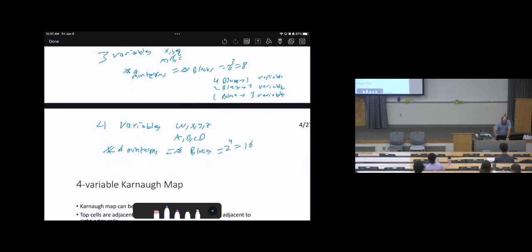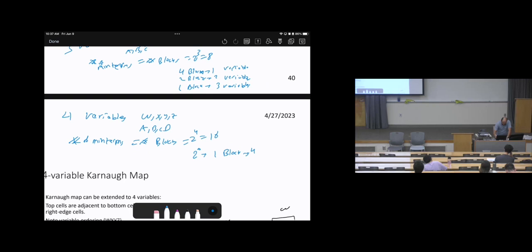Therefore, we can have 2 to the power 0, which is 1 block. That will include 4 variables. Or we can have 2 to the power 1, which is 2 blocks. Then you subtract 1 from 4, which gives 3 variables.